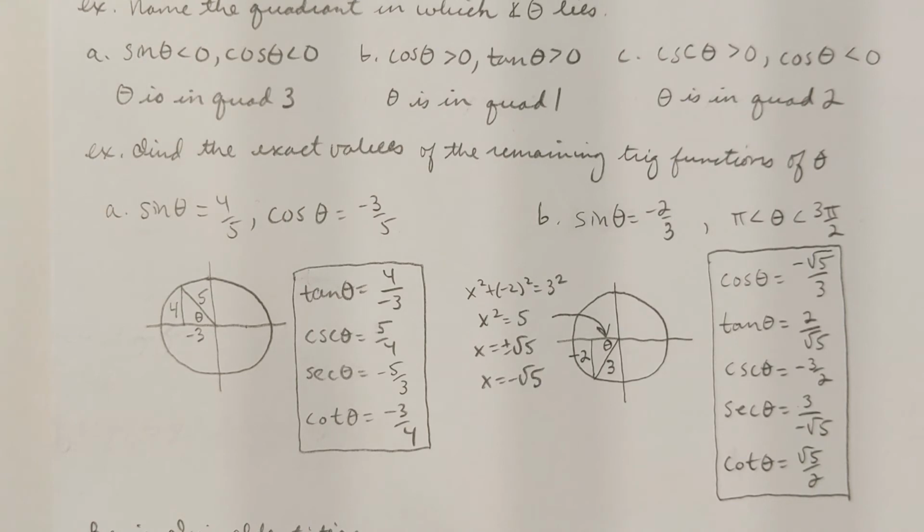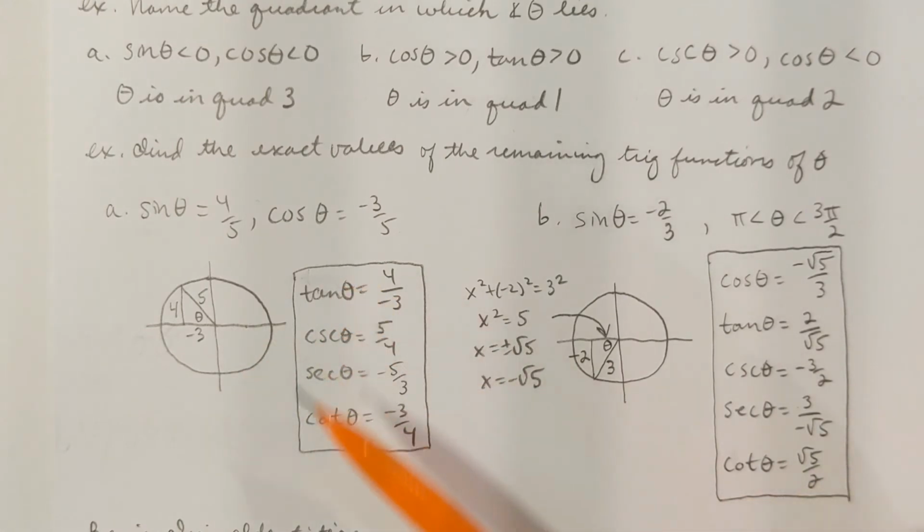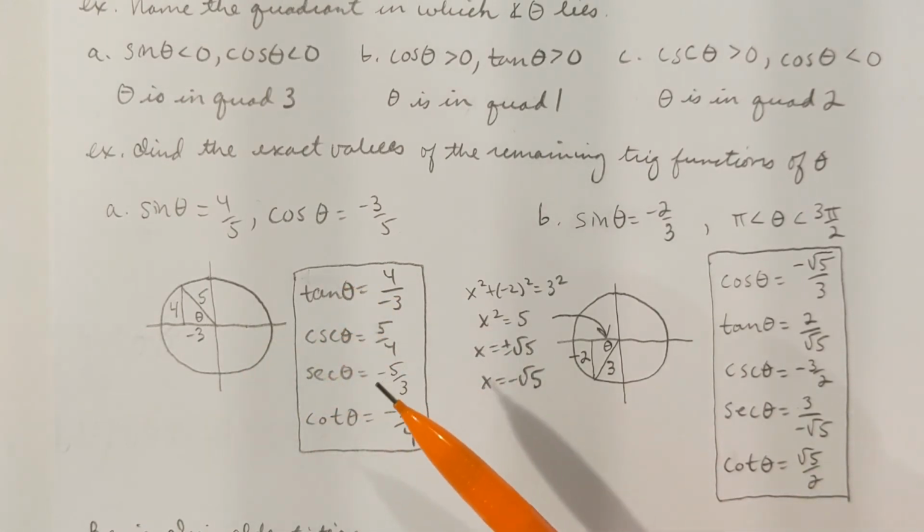A 3, 4, 5 right triangle would be the most common, compared to any other group of 3. We see that more than any other. But we still don't know the angle, right? Now we don't care about the angle. We care about the trig functions of this angle. That's different. They're not asking us to identify theta or anything.